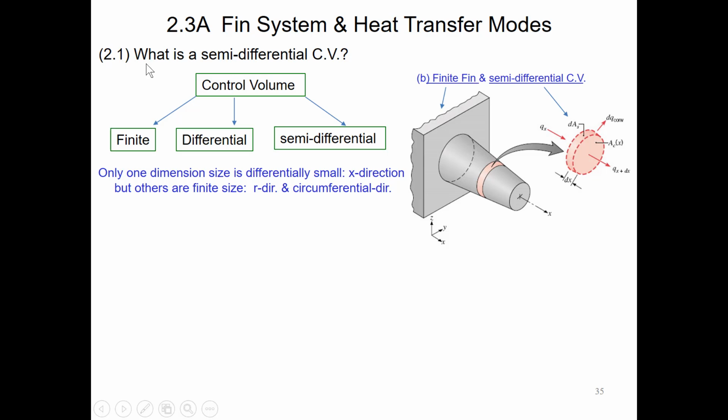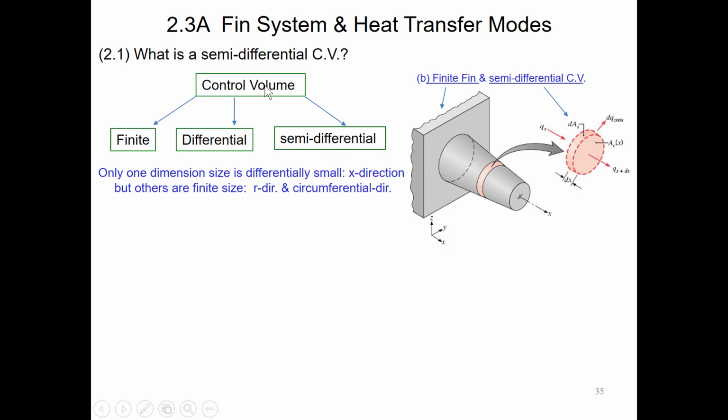The first question raised is, what is a semi-differential control volume? First of all, you have learned in the past that a control volume could be a finite one if all three dimensions are finite size, or it could be a differential one if all three dimension sizes are extremely small.